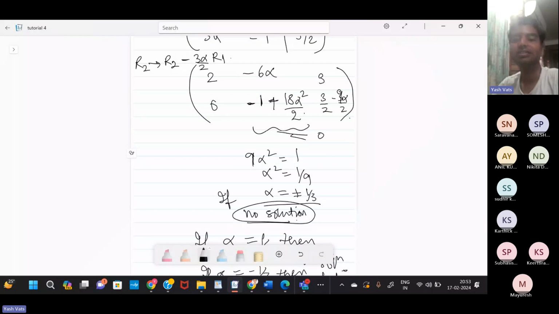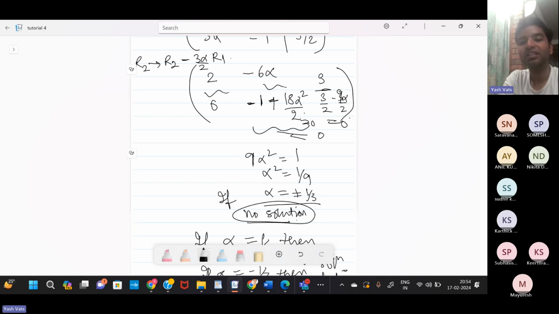So if alpha is 1 by 3, this is equal to 0 and this is equal to 0, so any value of x1, x2 which solves the first equation works. Is it right, Mayuresh? Yeah.